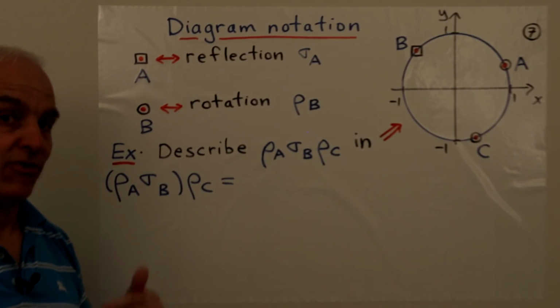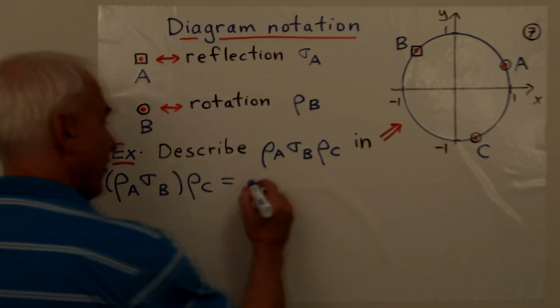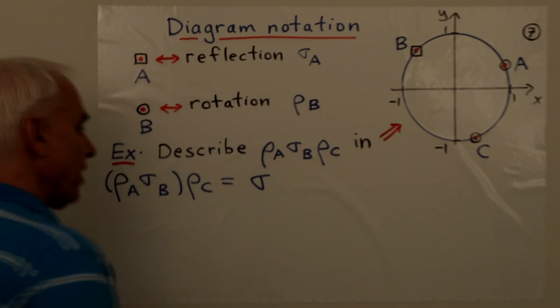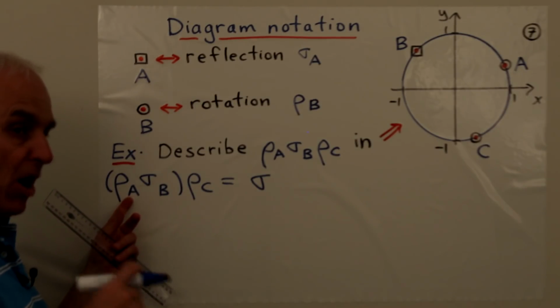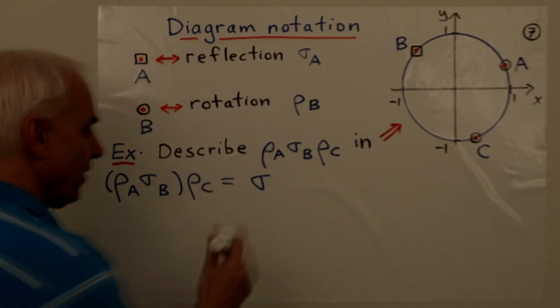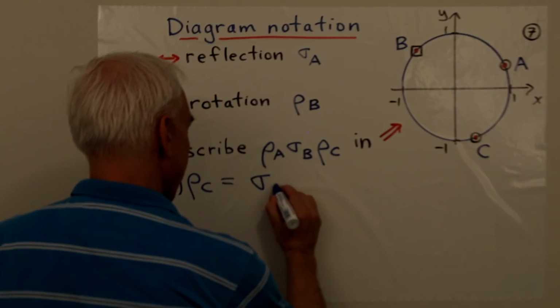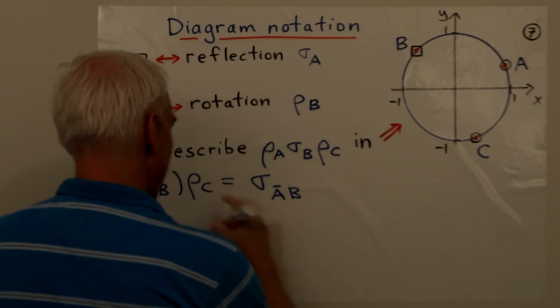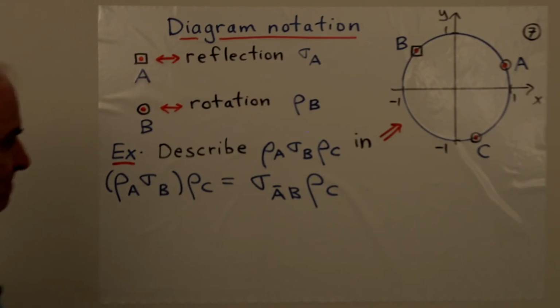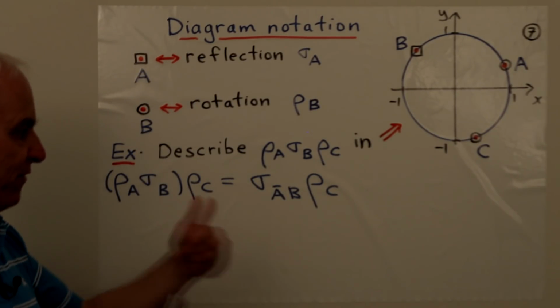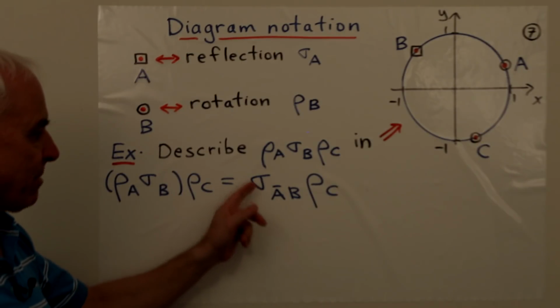I remind you that that was a sigma, and it was a sigma with what underneath? Well, it's going to be A bar times B. And then we still have to multiply by rho sub C. So let's do that first step and compute sigma A bar B.